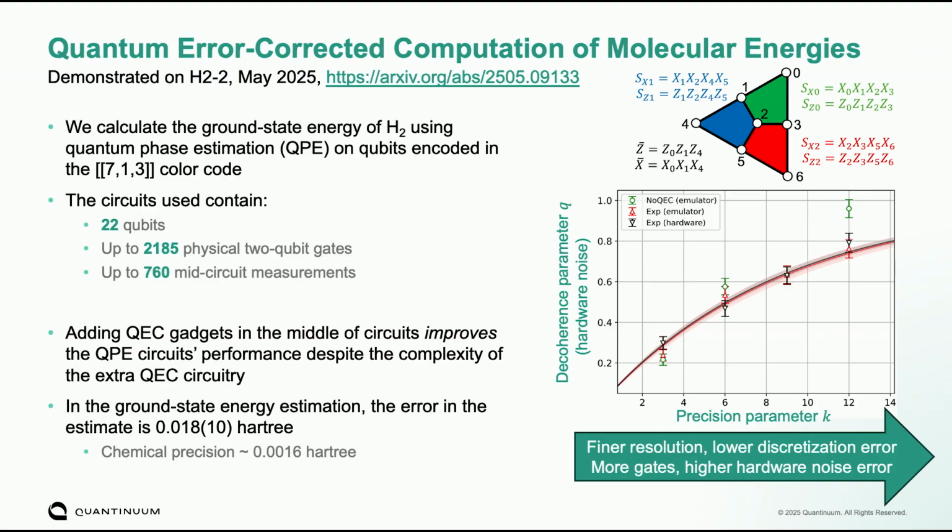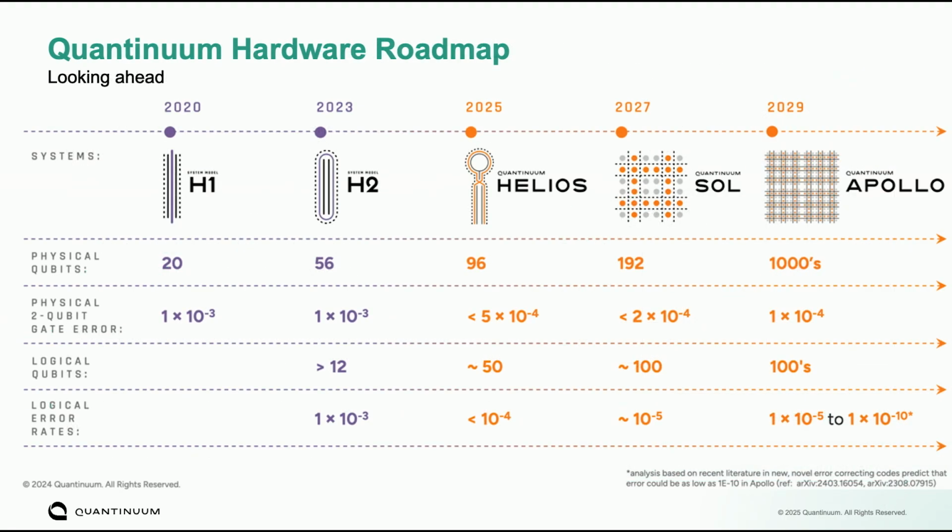And granted, we still had an error in the ground state energy estimation of 0.018 Hartree, which is bigger than the chemical precision, but as a demo of how to do QEC to calculate parameters, this was a nice demonstration.